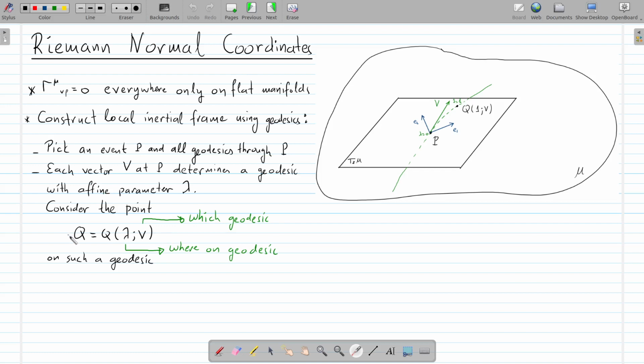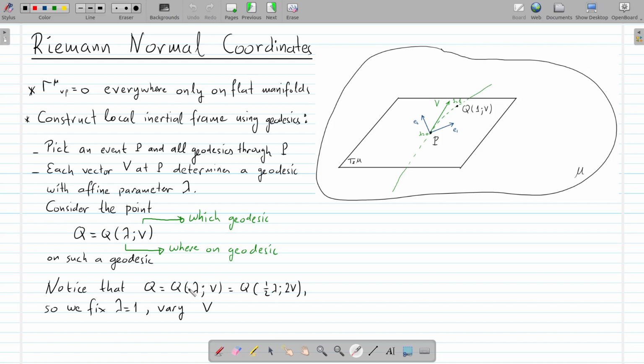So that will give us a point Q on the manifold. Note that we will obtain the same point on the manifold if we had chosen the geodesic defined by vector, let's say 2V, and found a parameter lambda over 2.